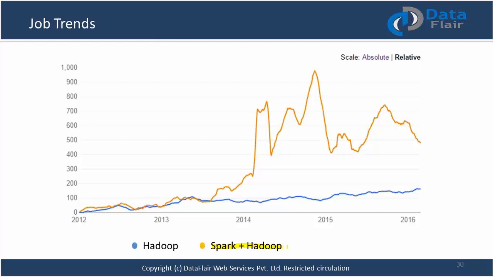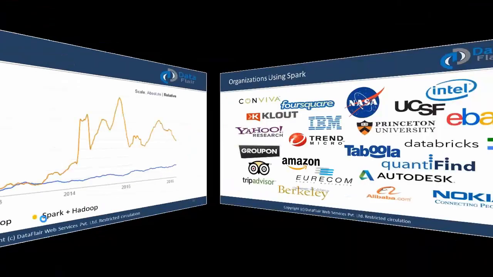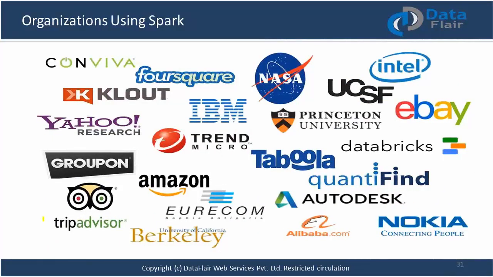Spark alone can't do many things. The companies that are using Spark, I have just highlighted big names here like Yahoo, Groupon, Amazon, UC Berkeley, Alibaba, Nokia, Taboola, Intel, NASA, IBM, Conviva, and so on. Lots of organizations are using it, and now people are moving to the second generation big data tool, that is Spark. By the way, guys, Hadoop is considered the first generation big data tool, and Spark is the second generation big data solution.